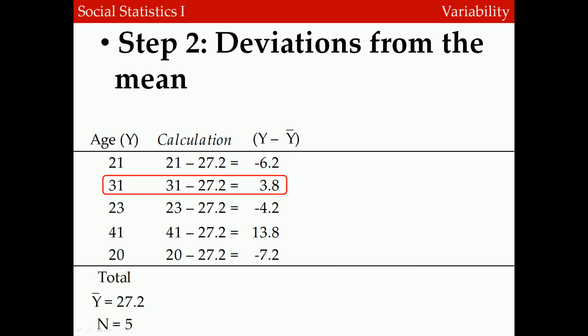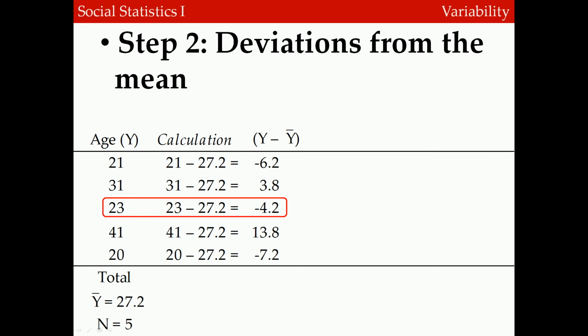The next person is age 31, and that person has an above average age. So 31 minus the mean, 27.2, gives us a deviation of 3.8 years. The third person is age 23, and when we subtract the mean age from that person's age, we get another negative deviation, a value of negative 4.2.